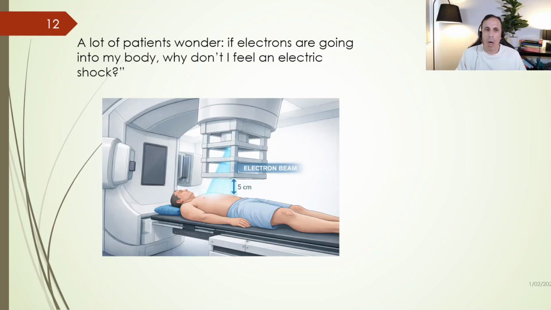An electric shock happens when electrons continuously flow through the body from one point to another, like from a wire to the ground. That does not happen in radiotherapy. In electron therapy, the electrons arrive as a high energy beam, not as a flowing current. They enter the skin, travel a short distance, lose their energy, and then stop inside the tissue. They don't pass through the body or exit on the other side. So because of that, nobody feels anything.